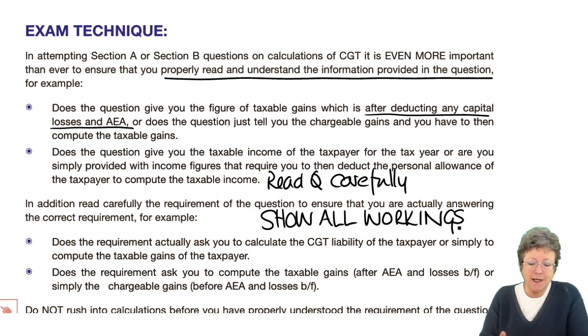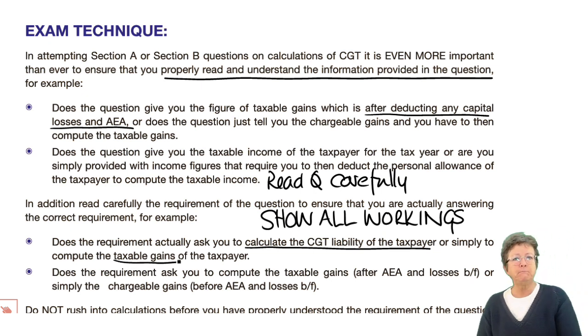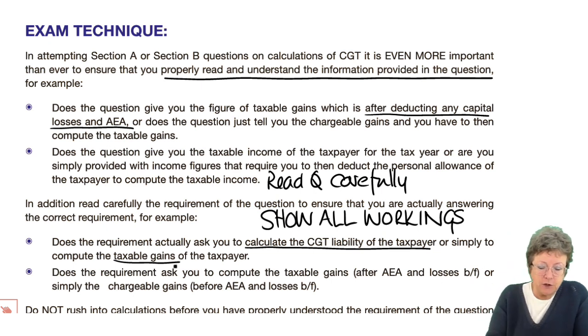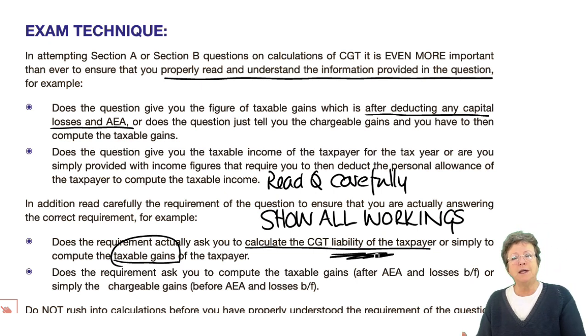Okay. Does it ask you to calculate the CGT liability of the taxpayer? Or does it ask you to work out the gains? Just the gains. Now, while it may ask you for that, and you actually go and work out the liability, you're not going to get any marks for doing that because they didn't ask you for it.